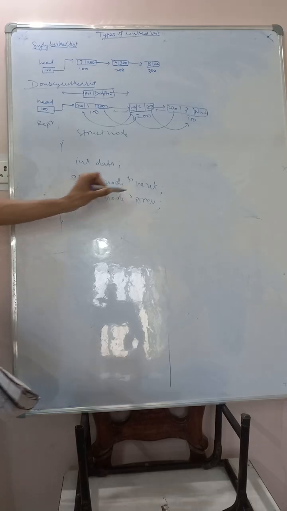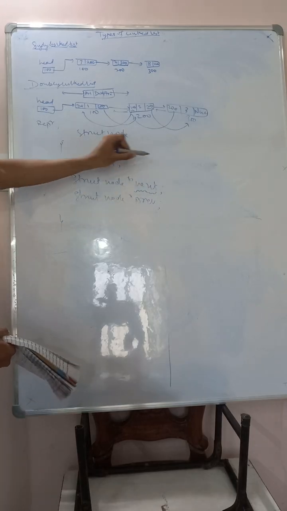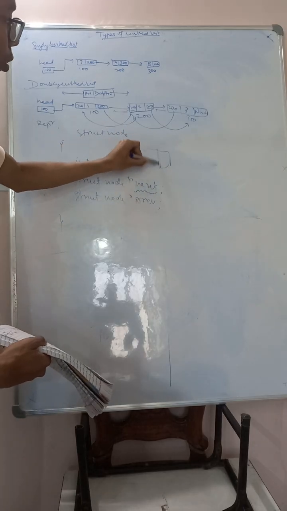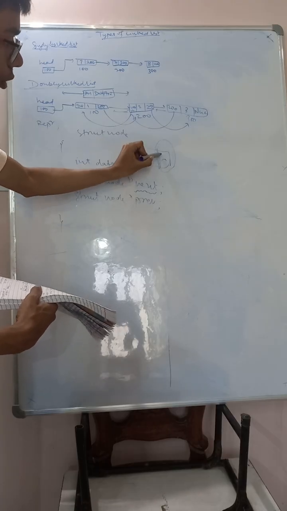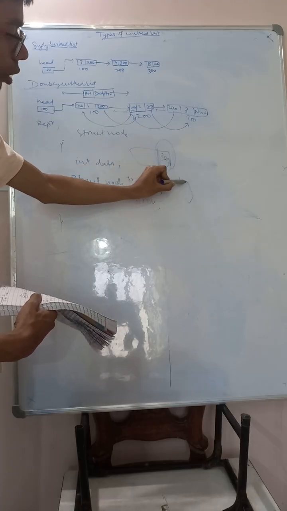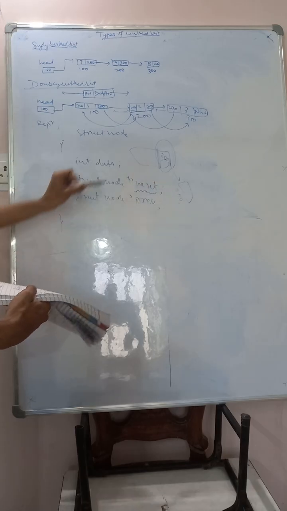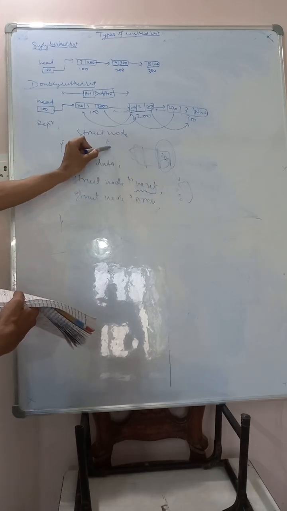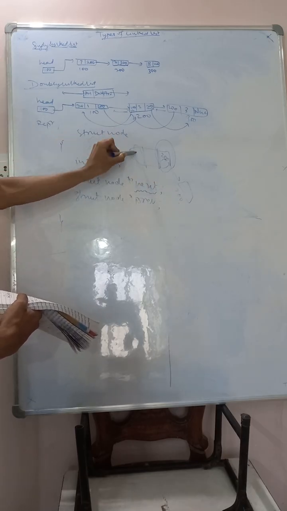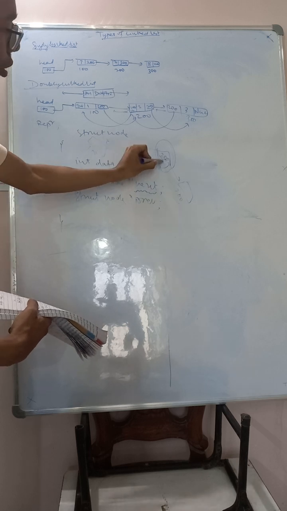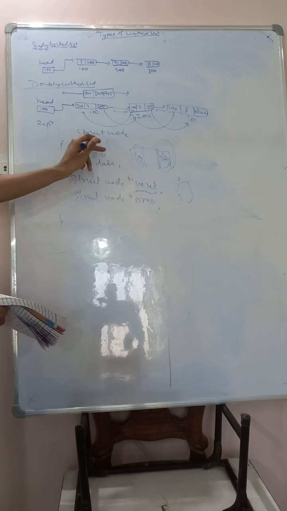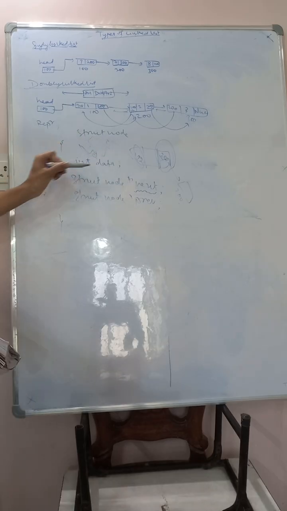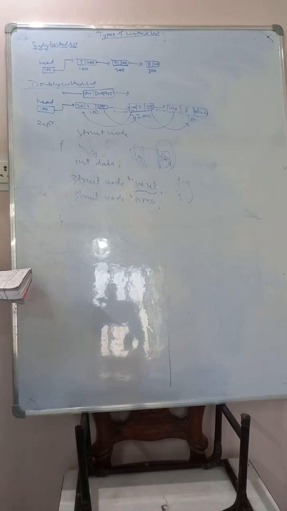Now this part will store address of my next node, right? And this part will store address of my previous node, right?